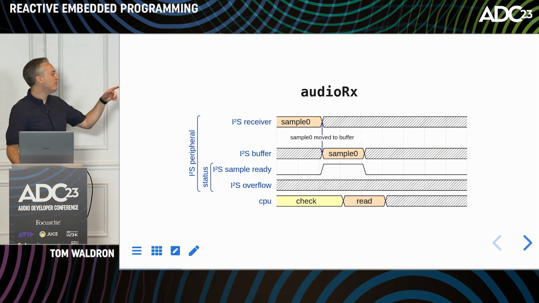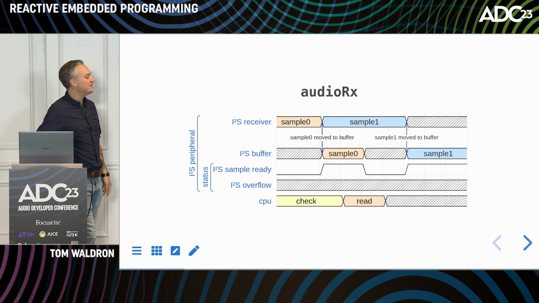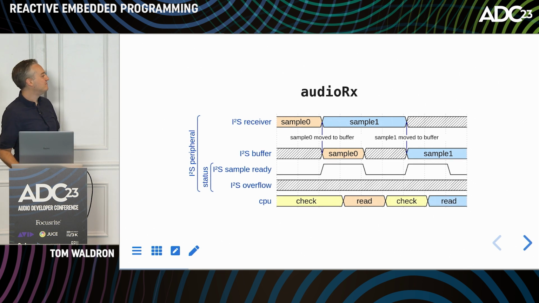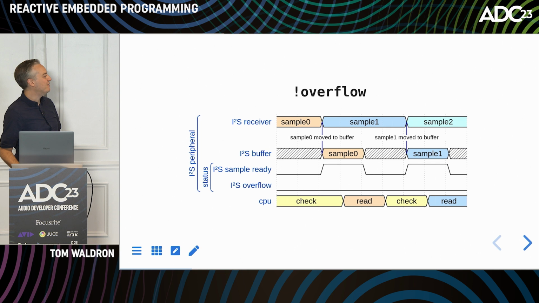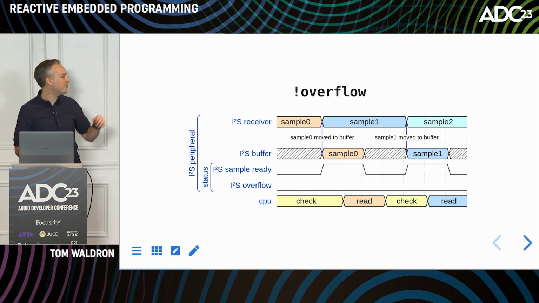And by reading this buffer, it's going to have the side effect of clearing out the buffer. So now that buffer's ready for the next sample, which is important. And our sample ready flag goes low because we've no longer got any sample in there. So the next sample comes in, everyone's happy, and we have no overflow in this scenario because we're always checking this flag. We see the data come in and we grab the data.